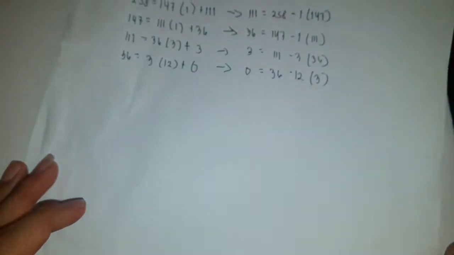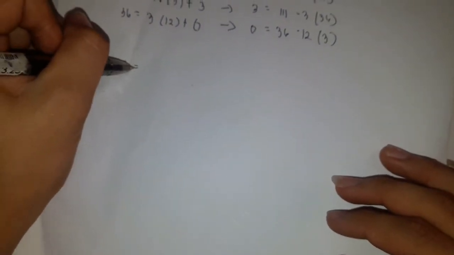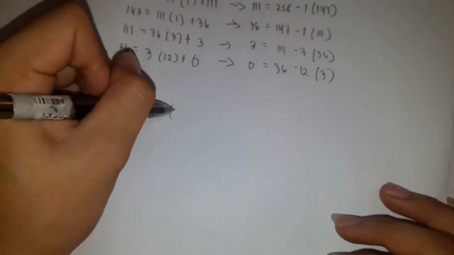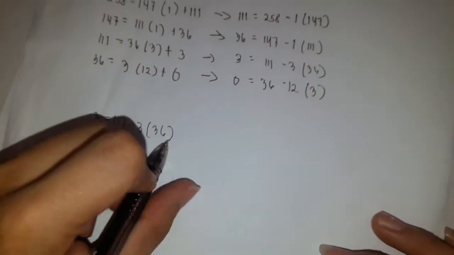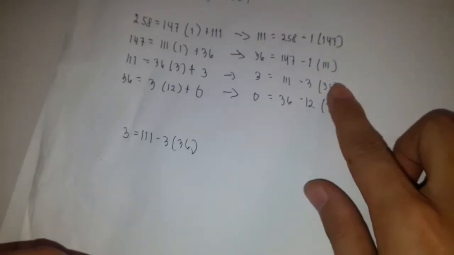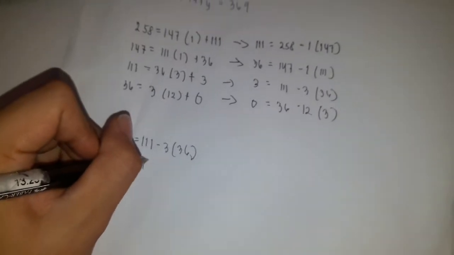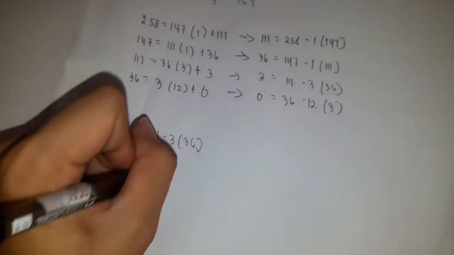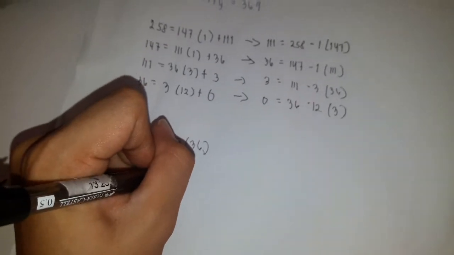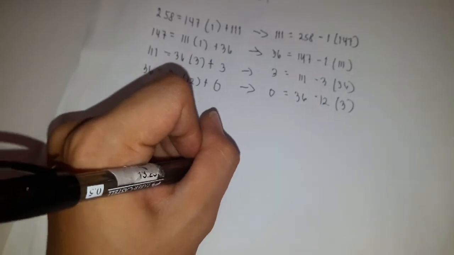To get the x and y, we have the solution here. 3 equals 111 minus 3 times 36, which we get from the equation 2 here, and 3 equals 111 minus 3 times 147 minus 1.